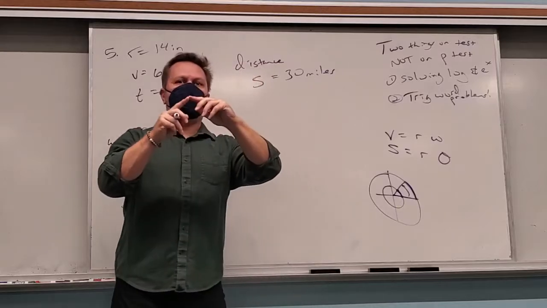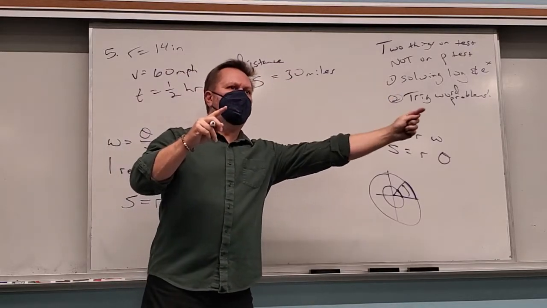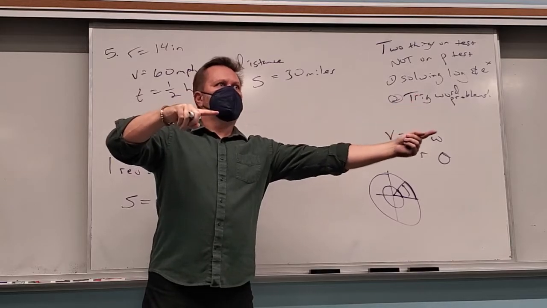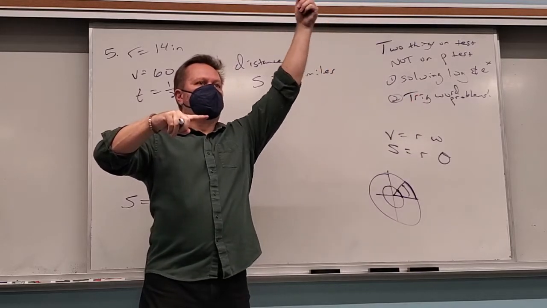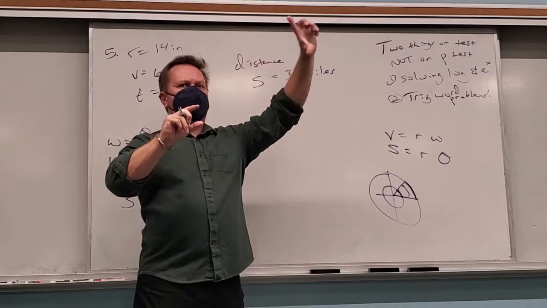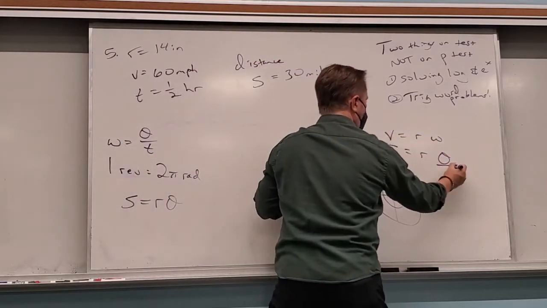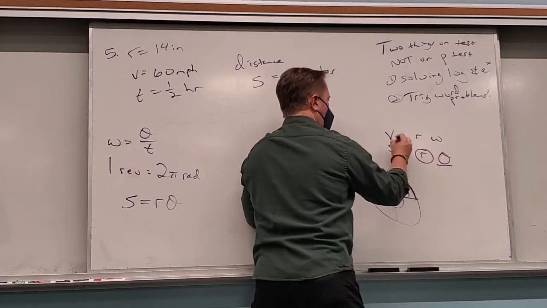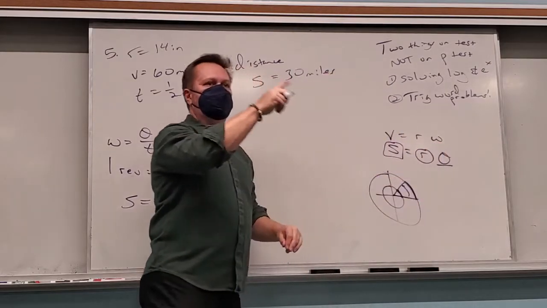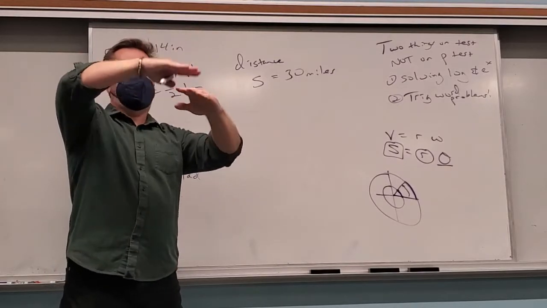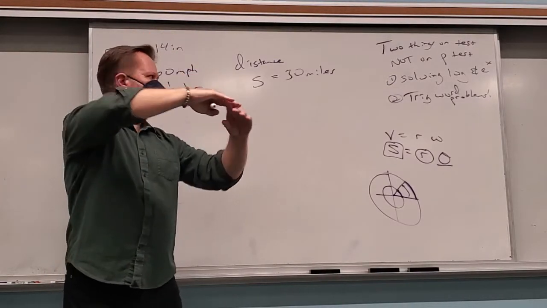Why? Because I'm a larger radius away. The further away I am from the center of rotation, the further I actually go. The angle stays the same, but because our radii are different, our distance is different. So if I'm talking about angles, that's the same for everything.